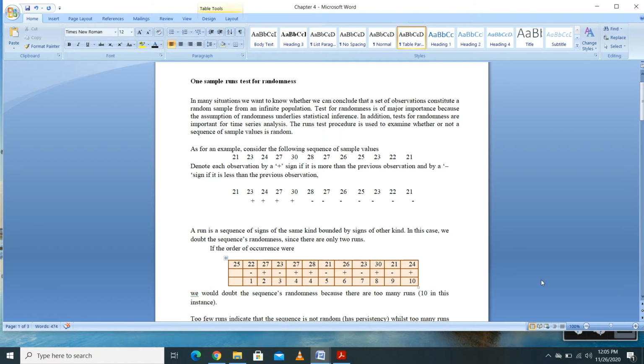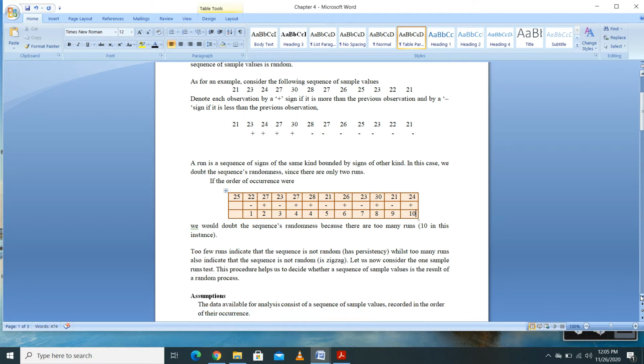So if you are running the one sample runs test to check the randomness, that is the first thing that you have to do, right? So actually there are some problems in this. Now when you check your data set, if you observe too many runs, that actually means your data set is not random, because when you have too many runs, it's like your data set is showing a zigzag pattern, right?